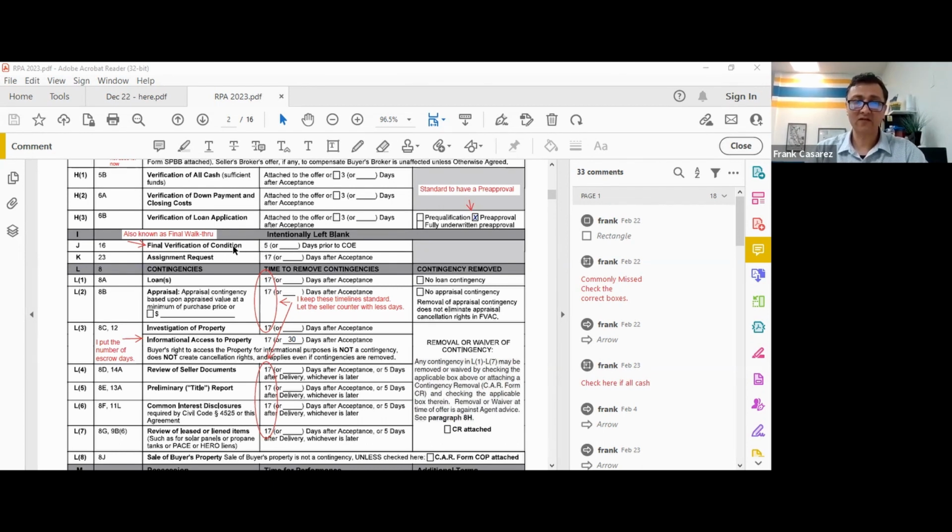I like to do my final verification or final walkthrough either the day before you sign loan docs or the day you sign loan docs, because either gives you still enough time to pause the funding. The funding happens usually within 24 to 48 hours after you sign the loan docs.